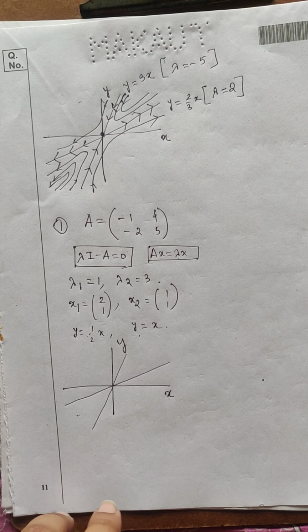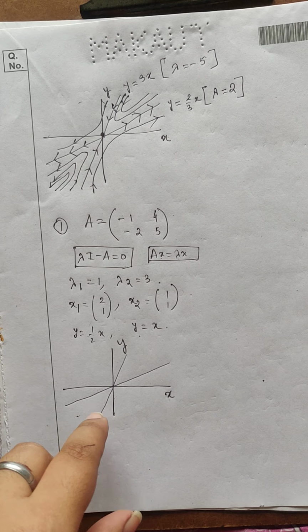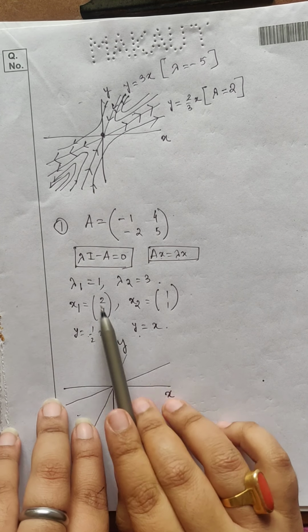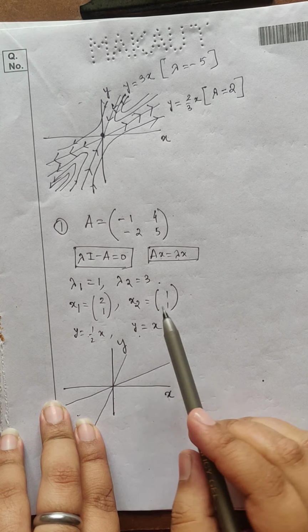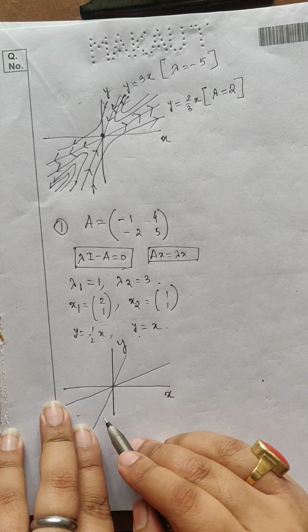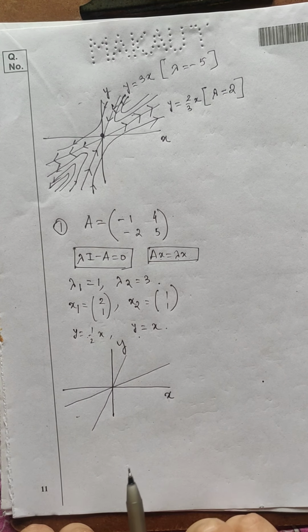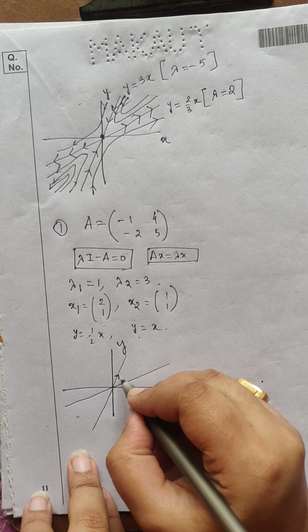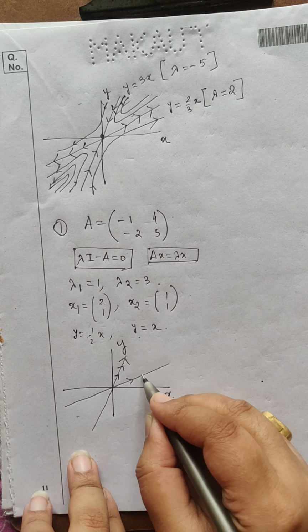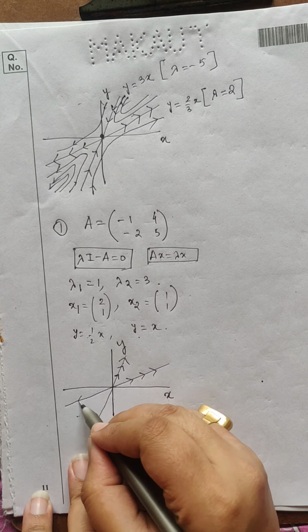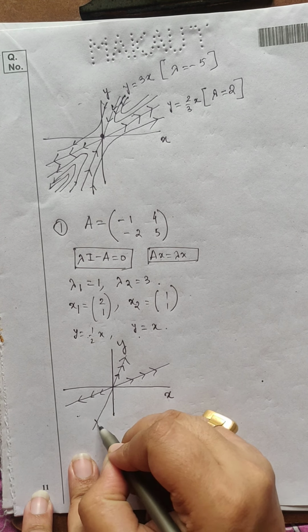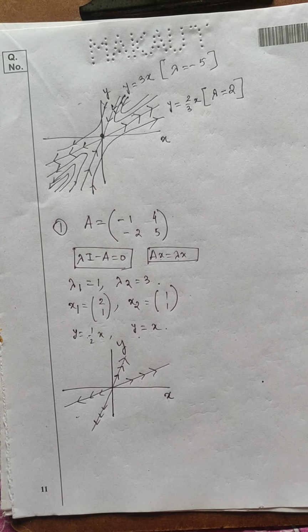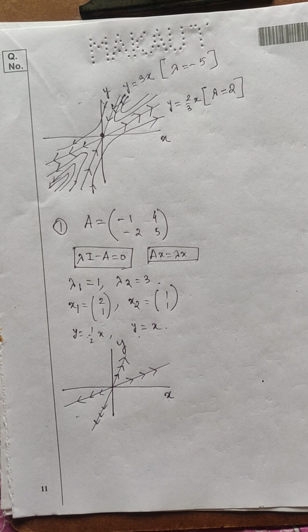As I already said, two positive eigenvalues means an exponentially growing curve, that means neither of the two curves will converge to 0, which means both of these curves have arrows moving outside the origin. So in both cases, the arrows will be outward from my origin. Then how will my phase portrait look?